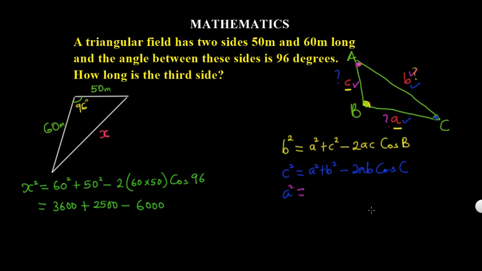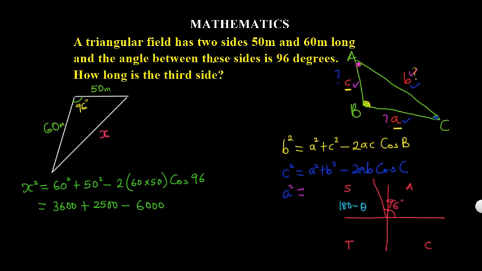Remember the 4 quadrants, where we often say All Science Take Chemistry, or CAST: all is positive, sine is positive, tan is positive, cos is positive. So this is 90 degrees, and when we move to this side, that's 96 degrees, so theta is 96 degrees here. At the second quadrant, we use 180 degrees minus theta, and cos is negative.